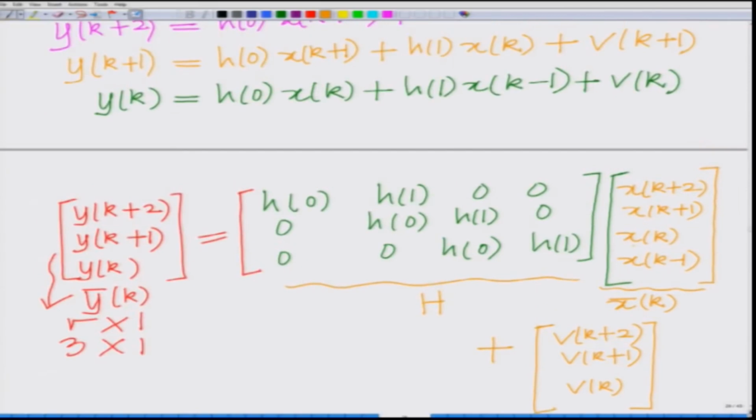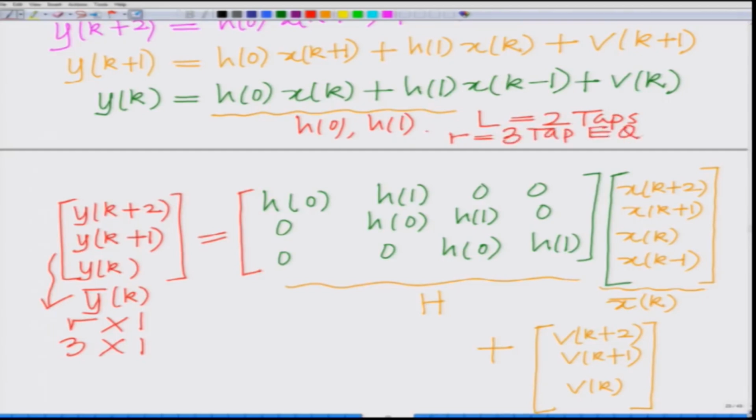So, basically what you can observe is here we are considering an L equal to 2 tap channel, because we have H0, H1 as the channel taps. So, we have L equal to 2 taps, and an R equal to 3 tap equalizer.